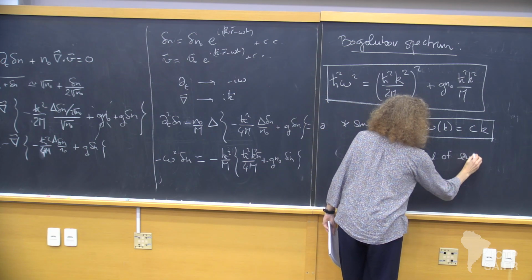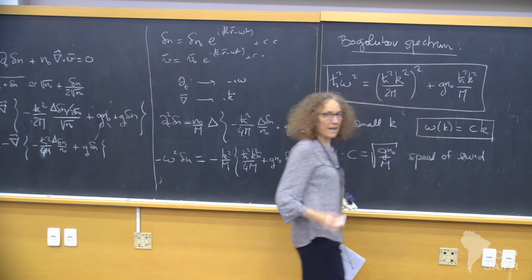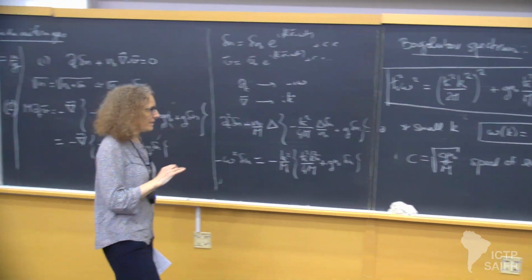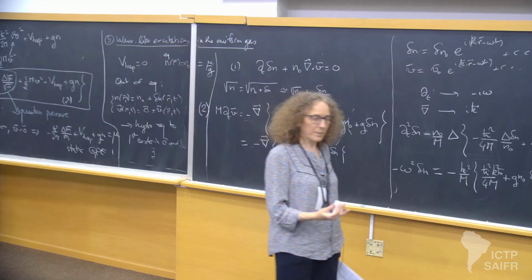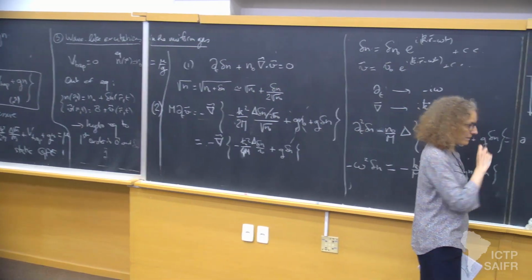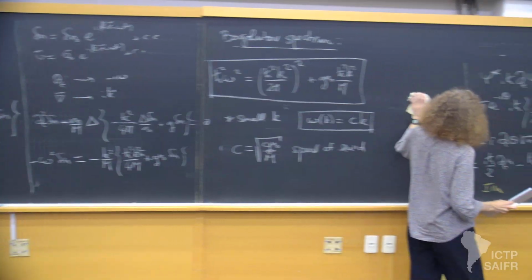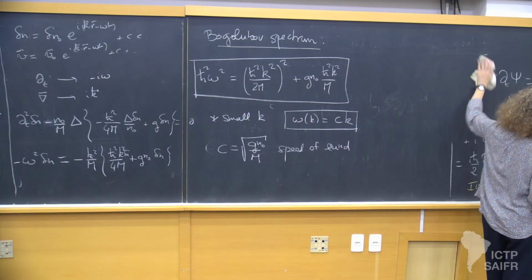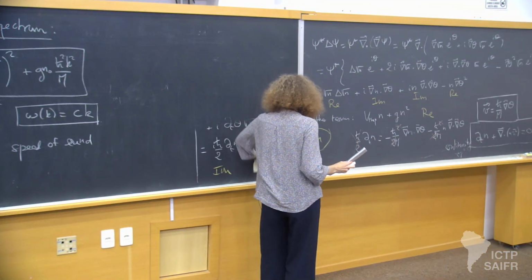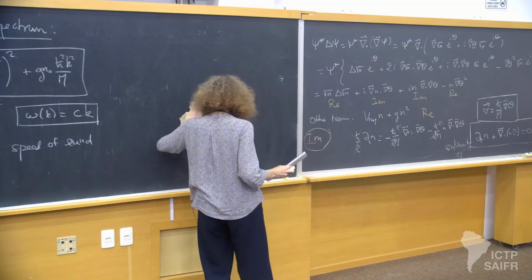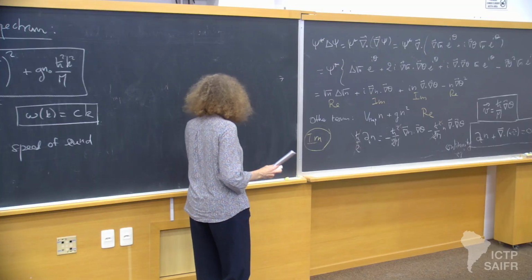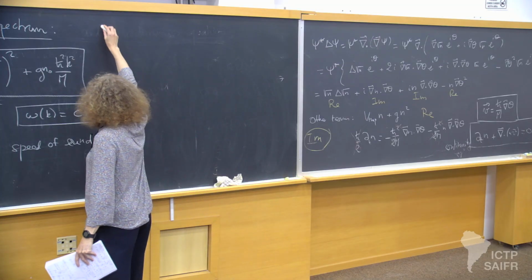So at small k, I have sound-like excitations with a linear dispersion relation, and the speed of sound is a square root of the chemical potential. And then at large k, of course, it corresponds much more to free particles because the k to the fourth term dominates.